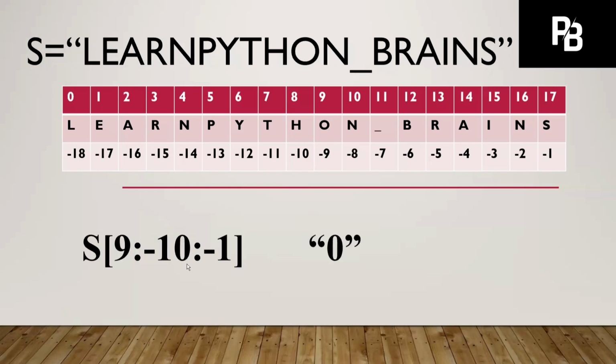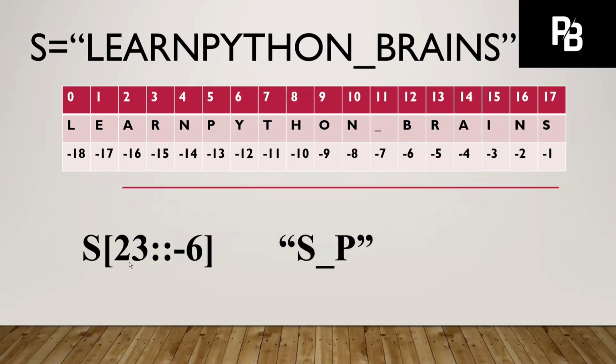Next we have 9 colon minus 10 again. That's not a problem. The same problem we have: 9 to minus 10, but the step value is minus 1. So 9 to minus 10, backward direction. Minus 1 also indicates the backward direction. Negative indexing is there. So 9 is O. And minus 10, we know that's not included. So that's why it printed only O.